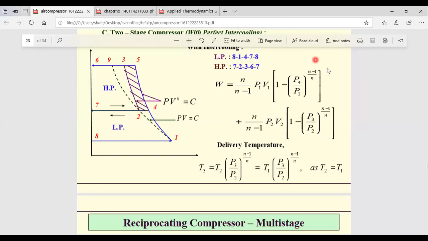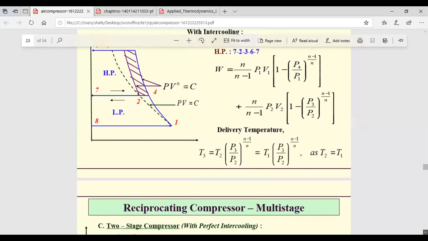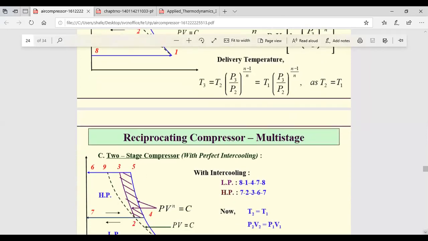This particular expression will be used whenever you consider the intercooling process with T2 equal to T1, and the same thermodynamic relations I have shown here. So those are the expressions for multi-stage compression.